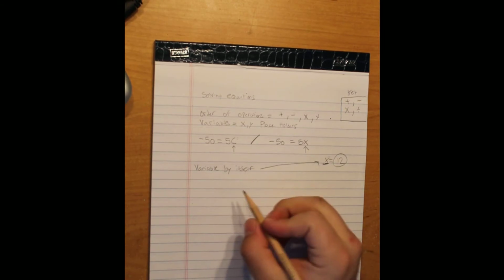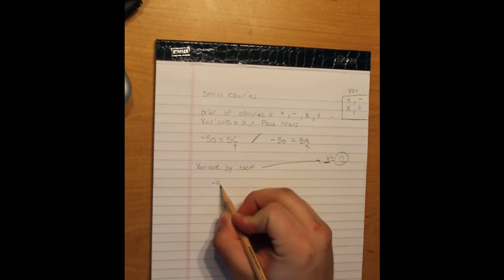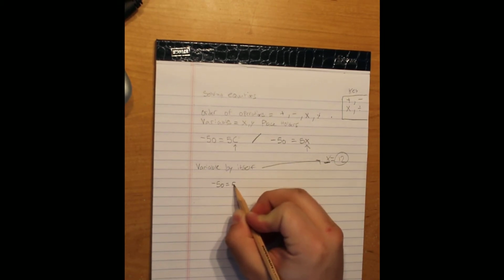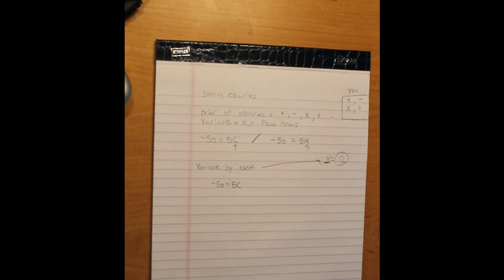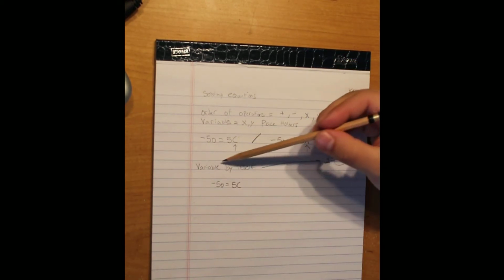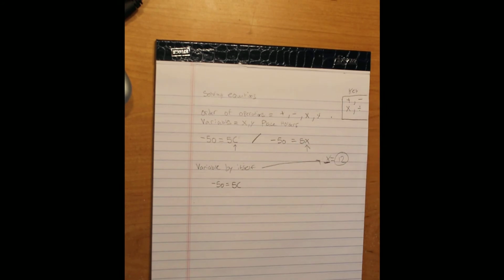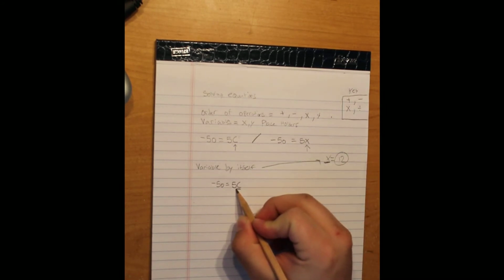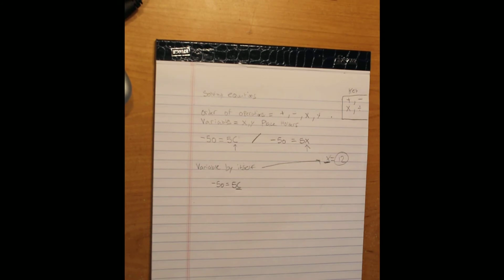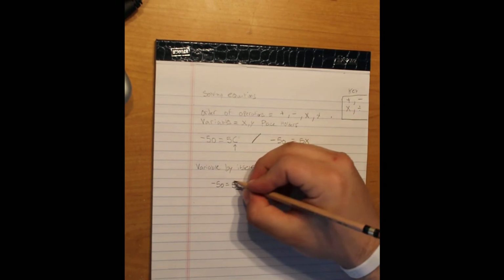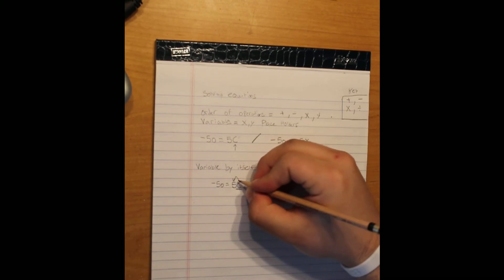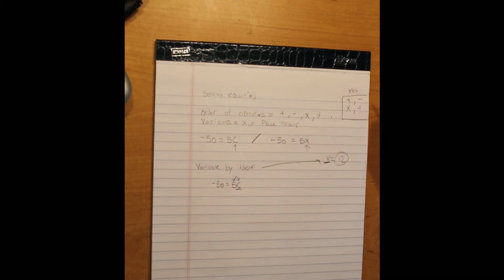So we're going to look at our first problem here. -50 equals 5c. So we need to get the variable by itself. So we need to move this c variable, or we need to get it by itself. Right now, this 5 is attached to the c. Now the reason why it is attached is because there is no addition or subtraction sign next to it.